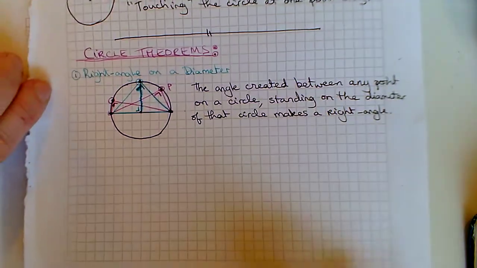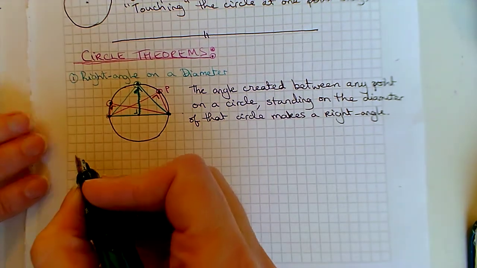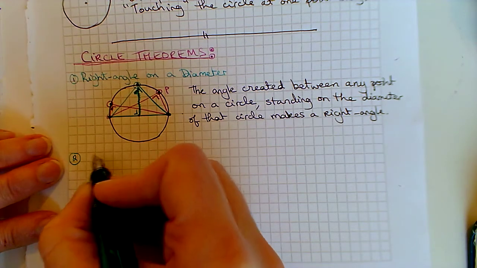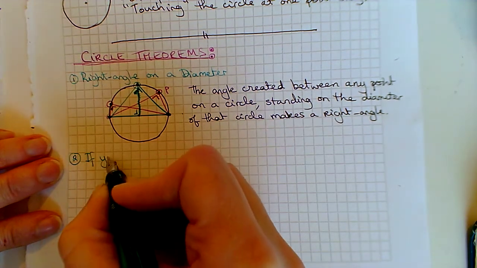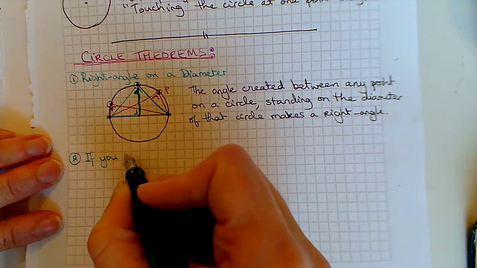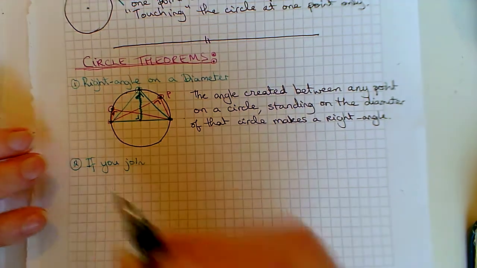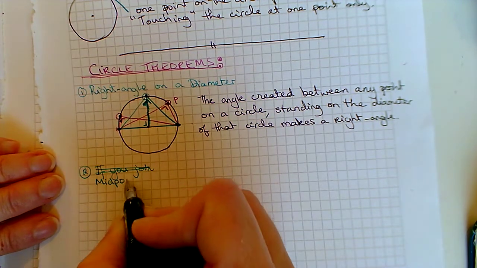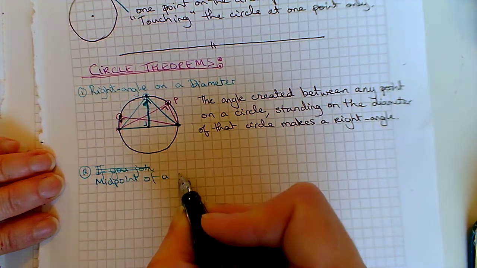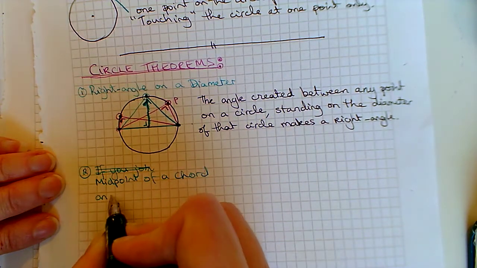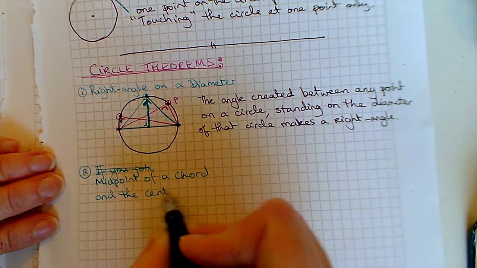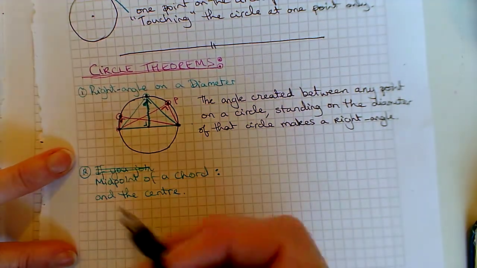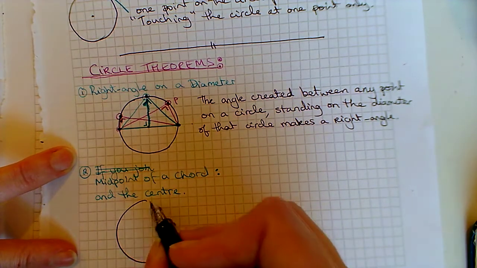The second circle theorem is about chords. So if you join, that's the statement of it, let's say the midpoint of a chord and the center. This is my kind of shorthand name for the theorem that we want to remember.